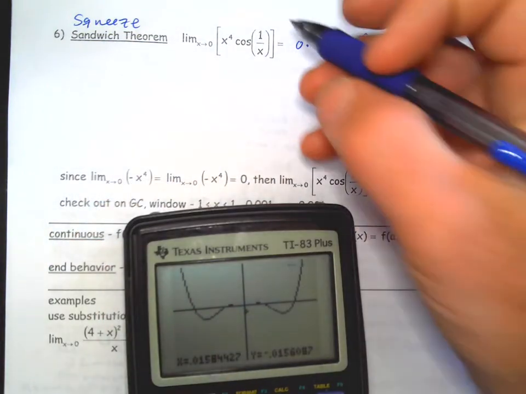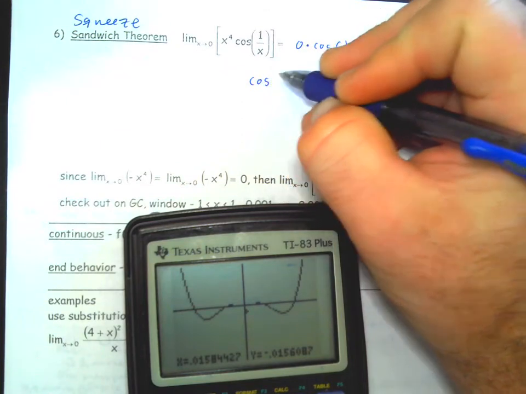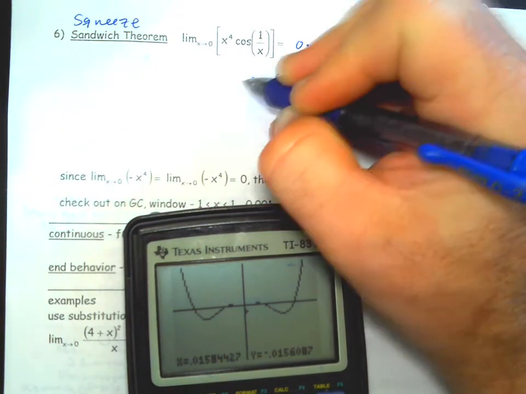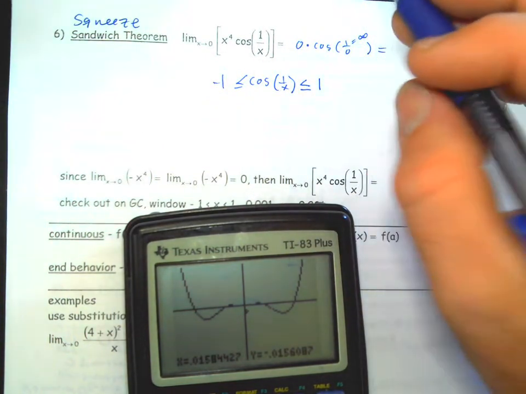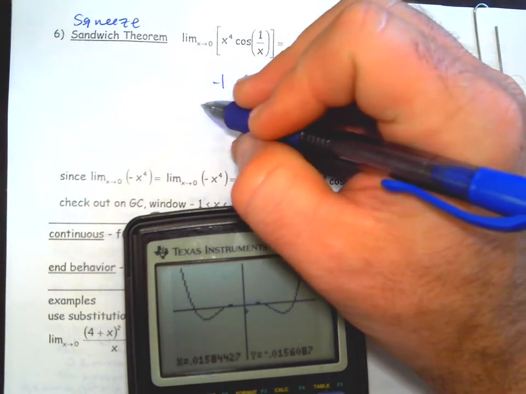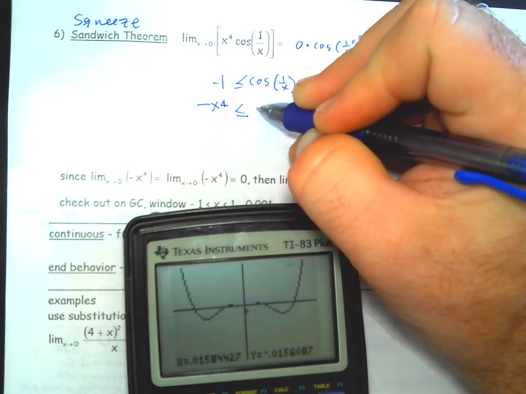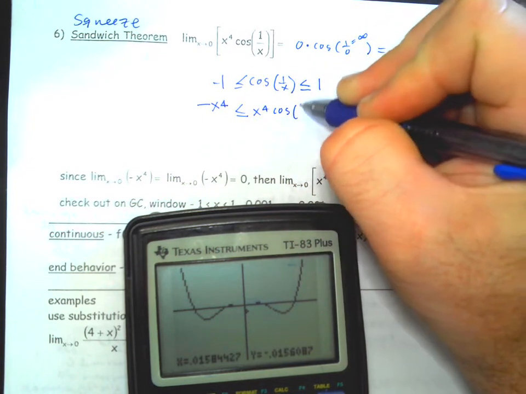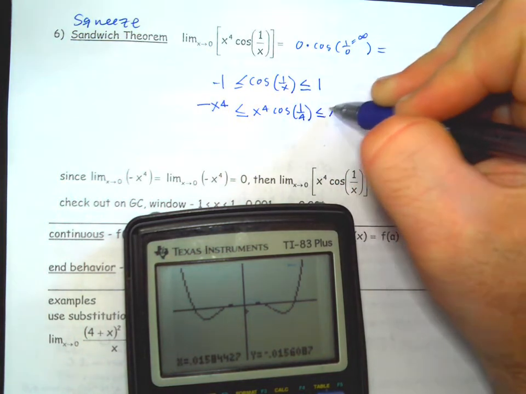So what we want to do is focus on the fact that cosine of 1 over x is definitely between -1 and 1. That's the range of cosine. Cosine of anything is going to definitely be between -1 and 1. So then we can multiply the left, right, and middle by x to the 4th. Algebraically, that's okay. And it's for sure a positive number, so we don't have to worry about flipping the inequality symbols.